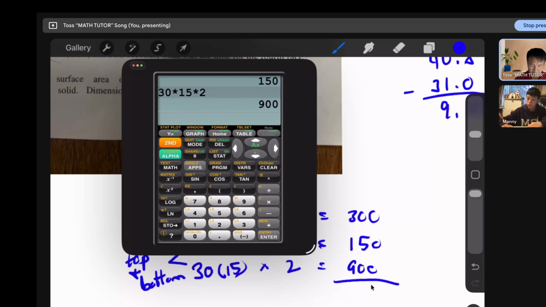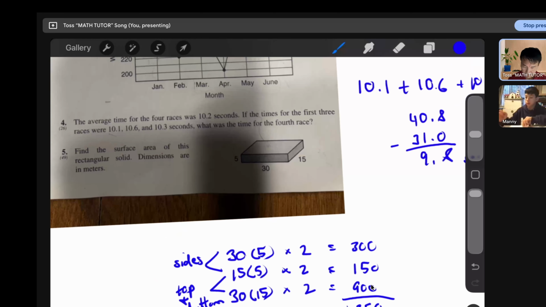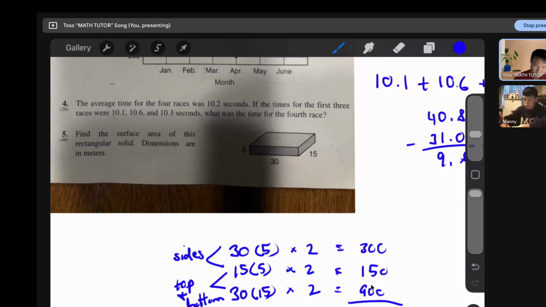Okay, add them up. 900 plus 150. I'll do it with you. But then tell me what the final unit of this one is. It would be meters squared. Good job. Very good. Okay, so here's your final: 1350 meters squared.